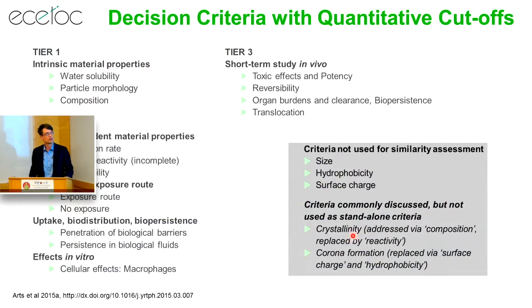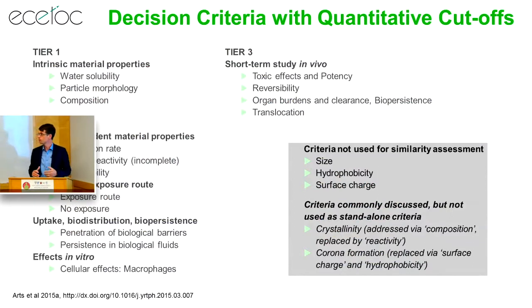And that also applies to crystallinity and to corona formation. Just a short word on crystallinity. We all agree that you want to know which crystallinity your material has, and we do this as part of our composition identification.